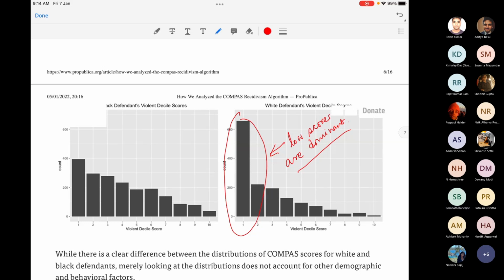Yes, sir. You are with me, right? You have understood what I'm trying to portray here. If there is any confusion, let me know. We can repeat. But this is a very simple distribution that they have plotted. You guys are with me, right?